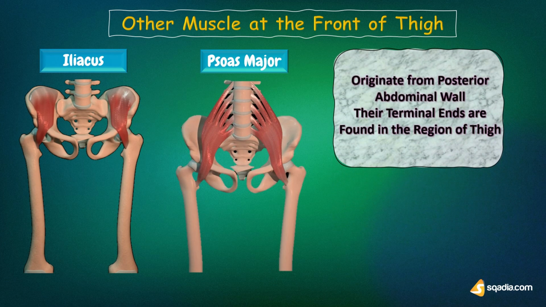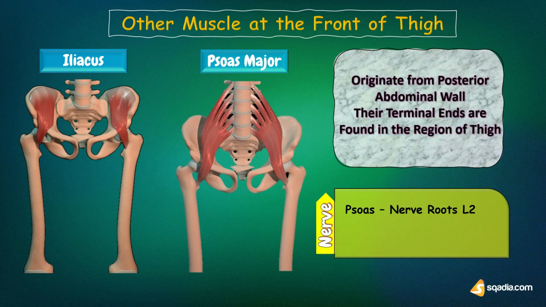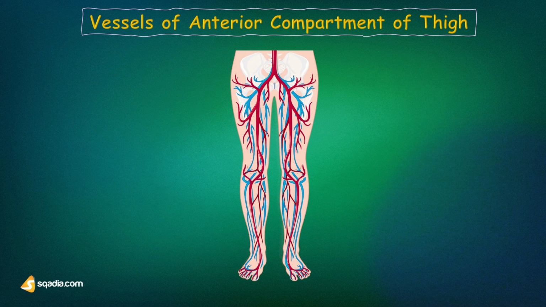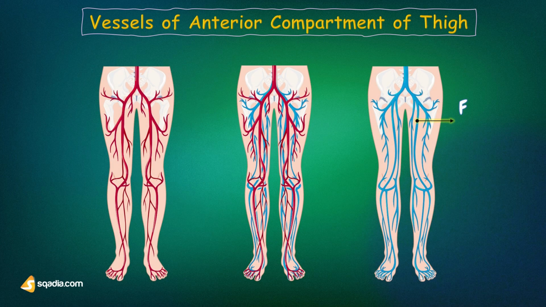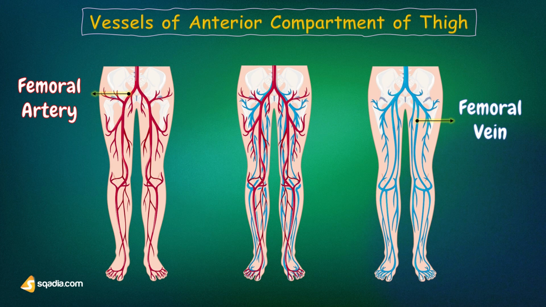These muscles are innervated by branches directly from the anterior rami of L1 to L3, psoas major, or from the femoral nerve, branch to the iliacus as it passes down the abdominal wall. The femoral artery and vein also pass through this compartment. Nerves, as well as the important vessels, pass through the region of the thigh.